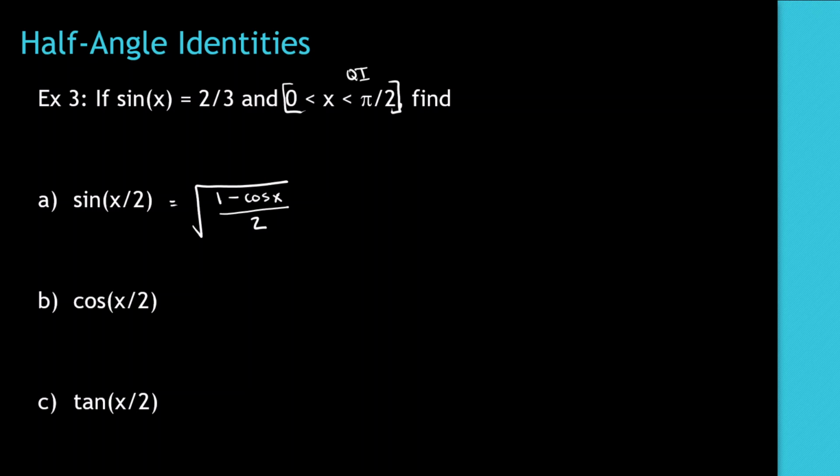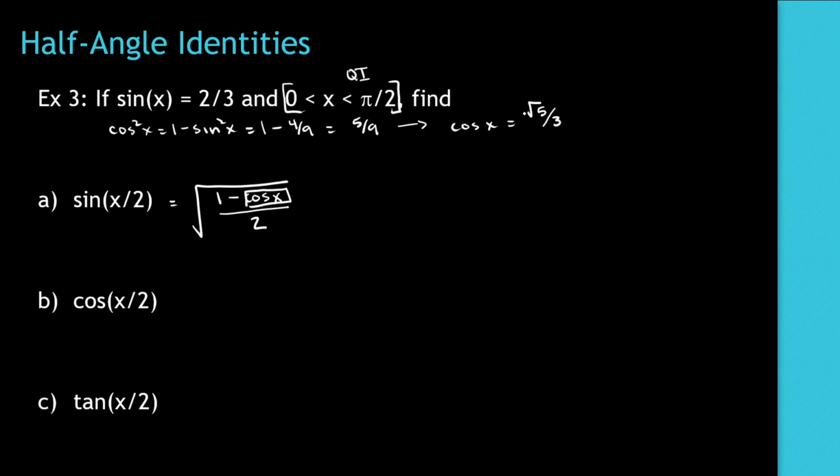But the first thing I have to know is what is the cosine of x. So I do know that cosine squared is equal to 1 minus sine squared. So that would be 1 minus 4/9. So that's 5/9. So that means that cosine is equal to the square root of 5 over 3.